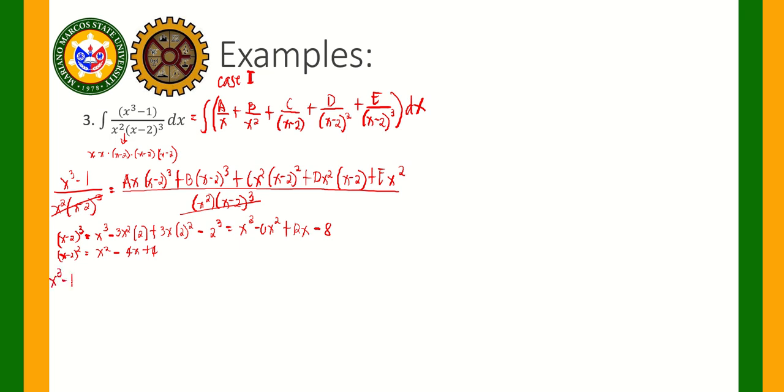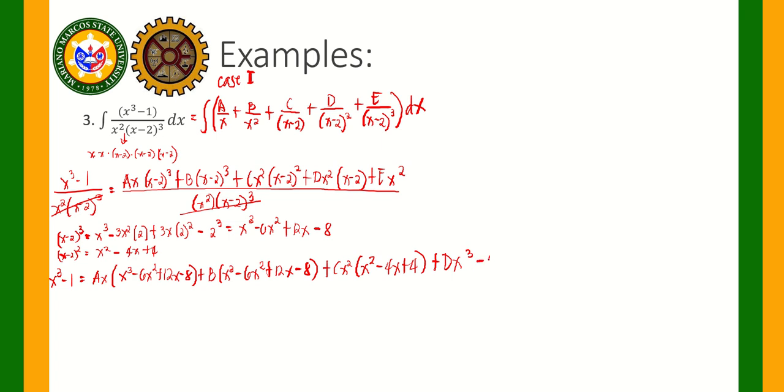So, this will be equal to x cubed minus 1 is equal to ax times, that is this one, x cubed minus 6x squared plus 12x minus 8 plus b times x cubed minus 6x squared plus 12x minus 8 and then plus cx squared times sa expansion ng x minus 2 quantity squared natin, si x squared minus 4x plus 4 and then plus, distribute na natin siya since linear naman to. This will be equal to dx cubed minus 2dx squared and then plus ex squared.